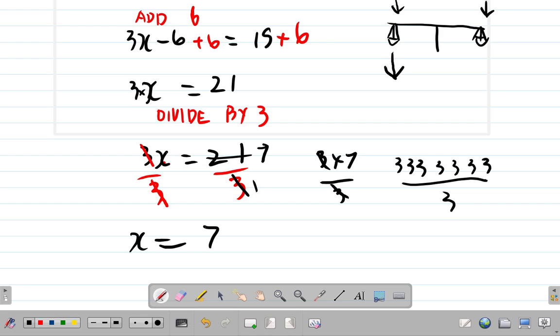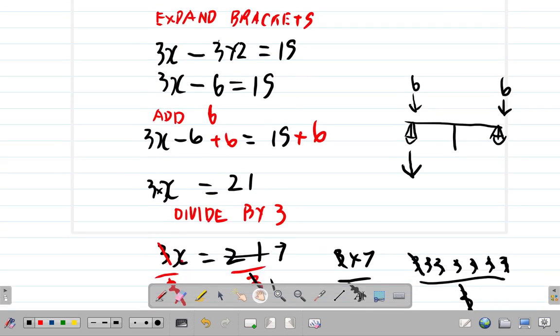So when you cancel down 3, you have 1, 2, 3, 4, 5, 6, 7 of this. 7 3's in 21. So remember that. Alright? So it's 3 times 7. It's 7. Now let's backtrack a bit.